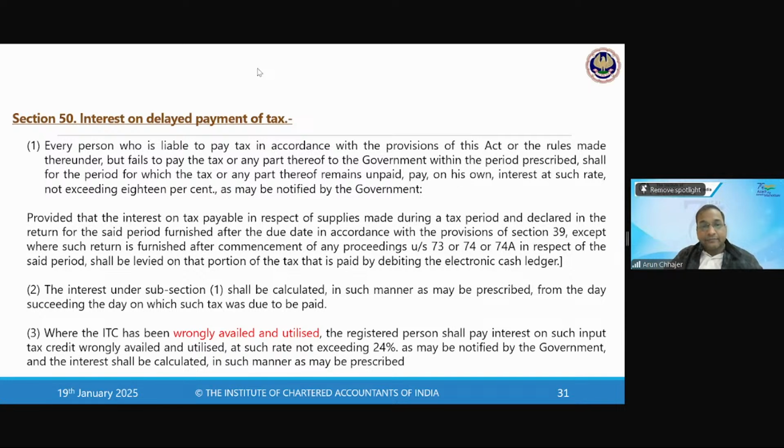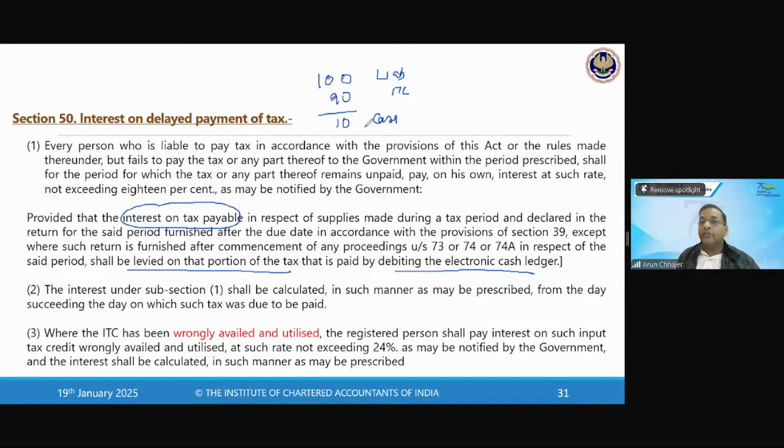Where it is written? Now it says that if you are paying the tax liability later after the due date, then interest will be levied on the portion of the tax which is being debited by the cash ledger. So I have the 100 ka liability. I have the ITC of 90 rupees. So how much amount you are paying through cash ledger?